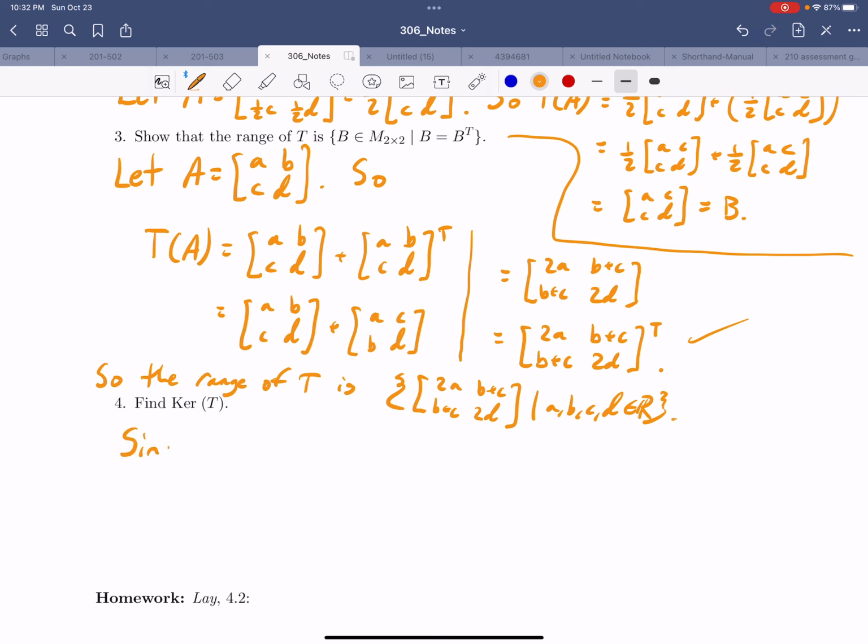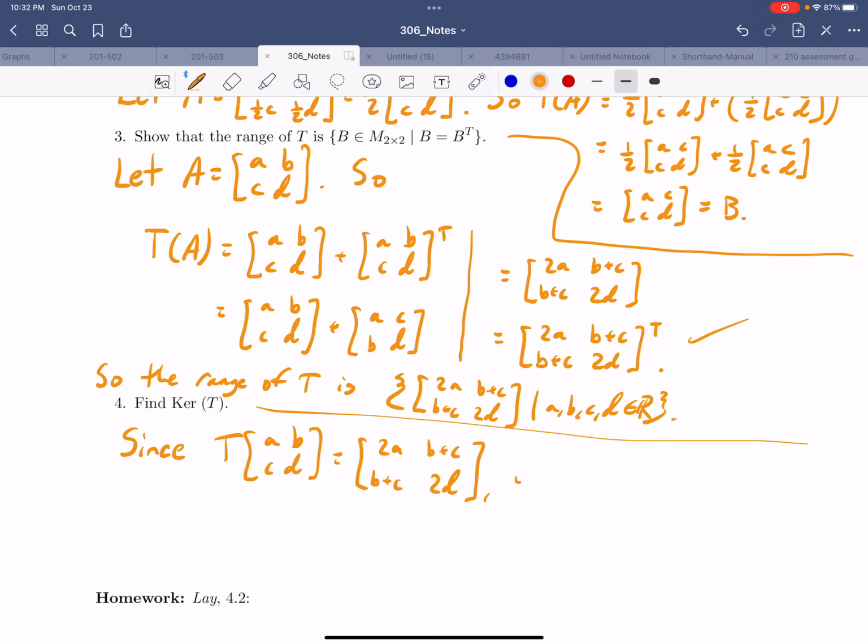So since we know that T of [a, b; c, d] equals [2a, b plus c; b plus c, 2d], we want that to equal the 0 matrix, because we're trying to find the kernel of T.